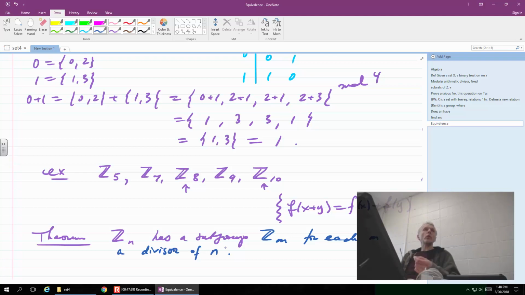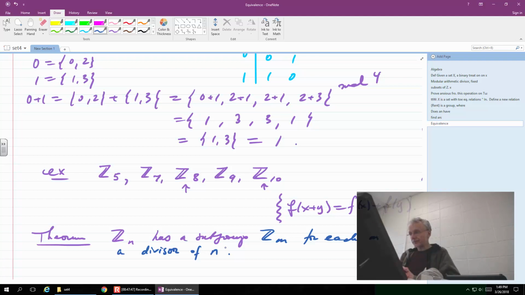What is true is that when the divisor is unique, then the subgroup is unique too. So when there is no repetition. But when the factor is multiple, or the divisor is multiple, then we cannot say that anymore. Okay, so that's good.